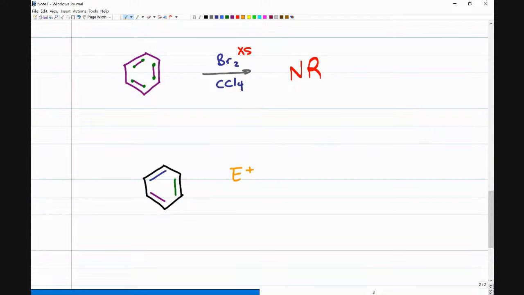But the idea of a super electrophile is that I have something so positive, so reactive, so unstable that the pi bond is so attracted to it, it actually breaks out of the aromaticity. The pi bond will reach out, and in this case it doesn't matter because they're all the same, and grab that super electrophile.